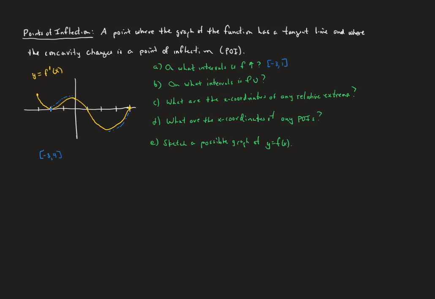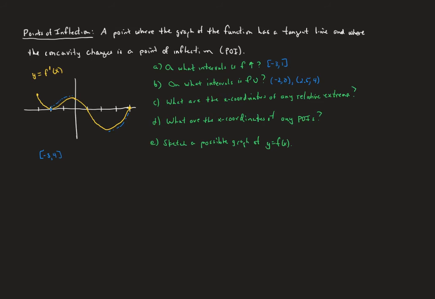And remember that we don't include endpoints on intervals where the function is concave up, so we will say on that interval from -2 to 0, and also on the interval from roughly 2.5 to 4. I'm guessing there. There's a little room for interpretation on that left endpoint.